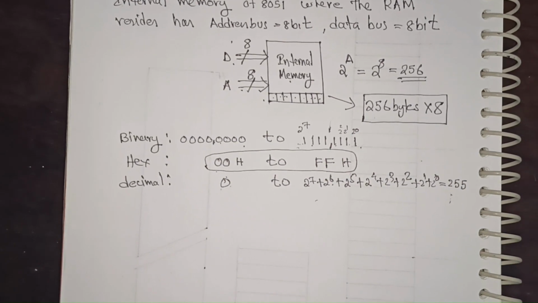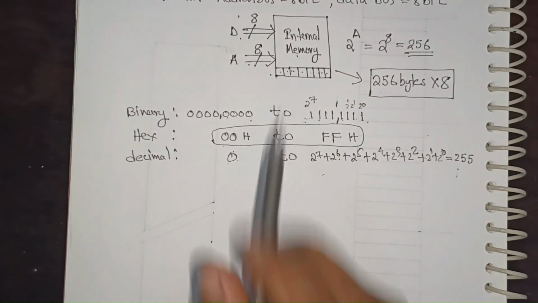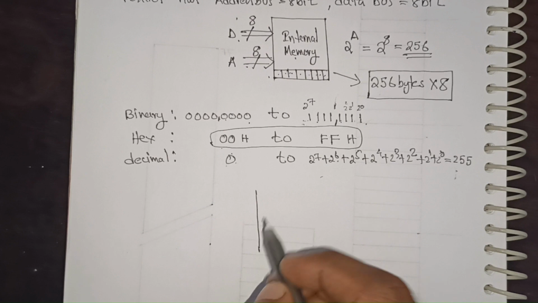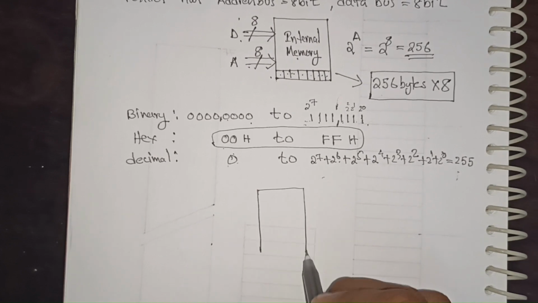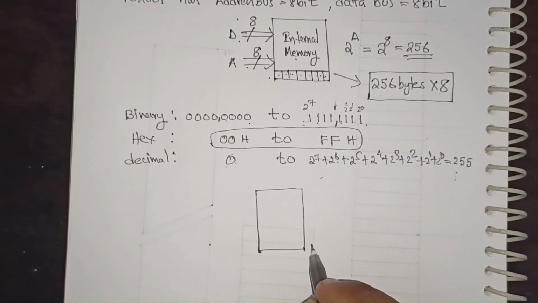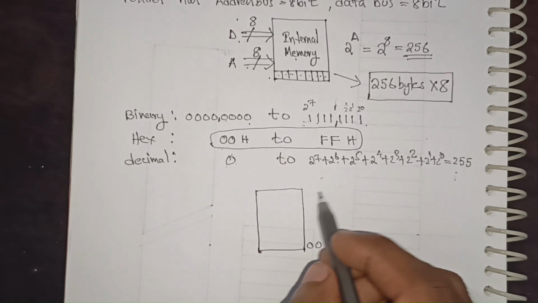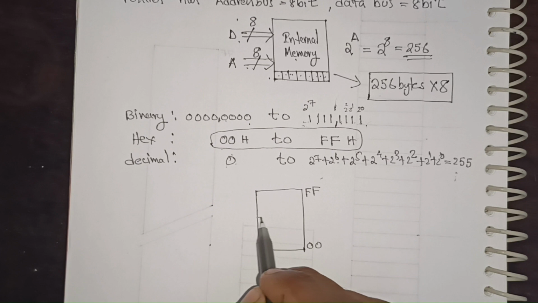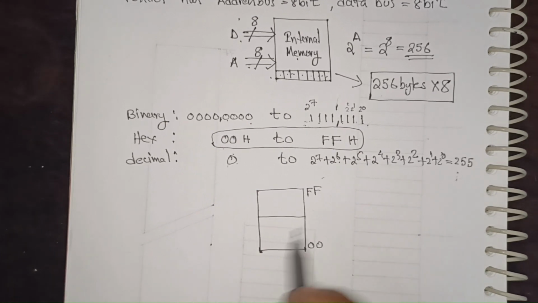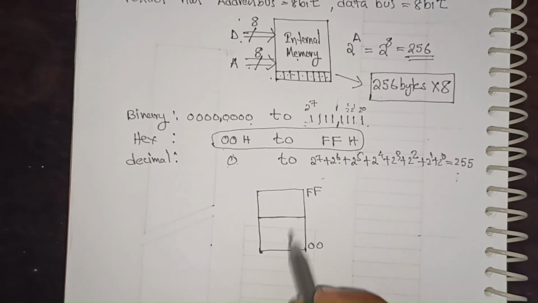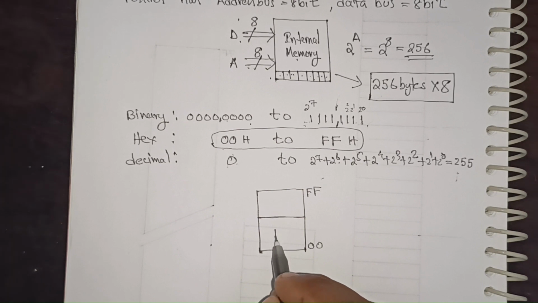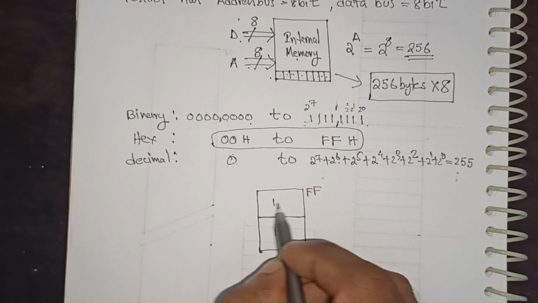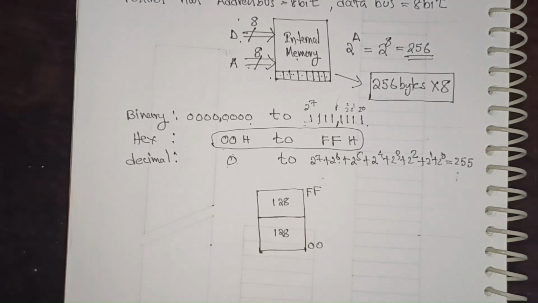Now this memory, which has addresses from 00 to FF, is again divided into two parts. It is equally divided. This is the first 128 locations. This is the second 128 locations.